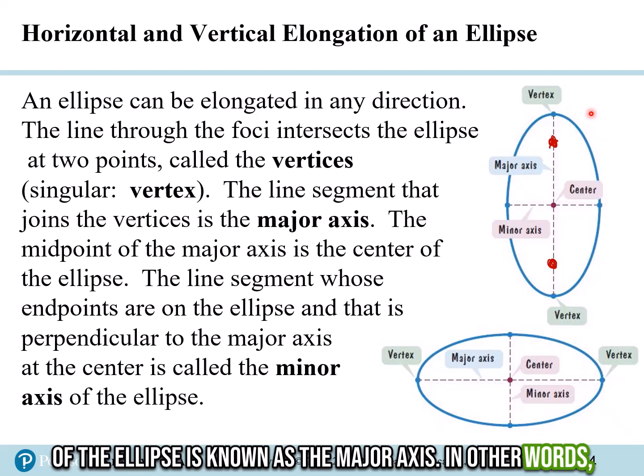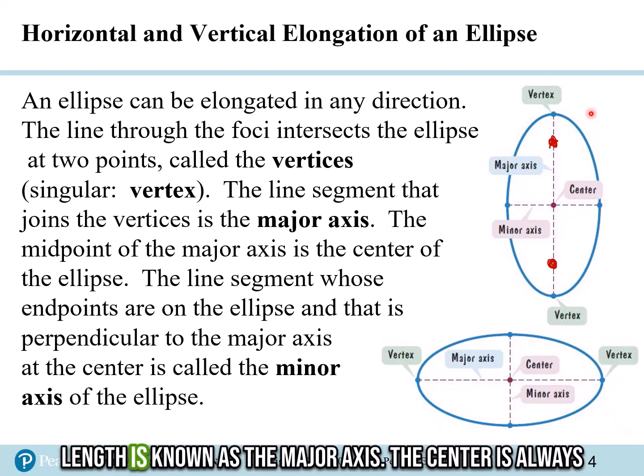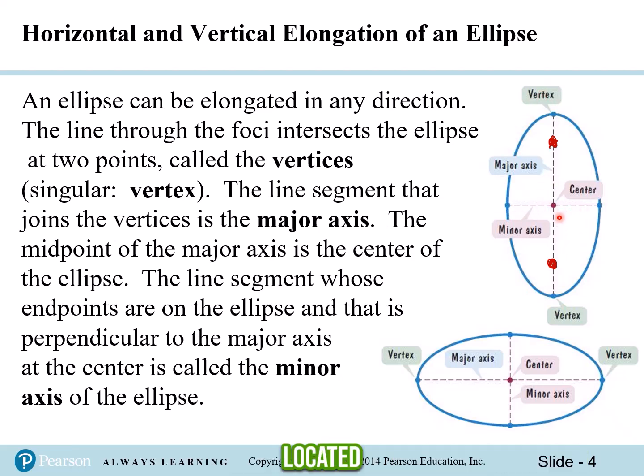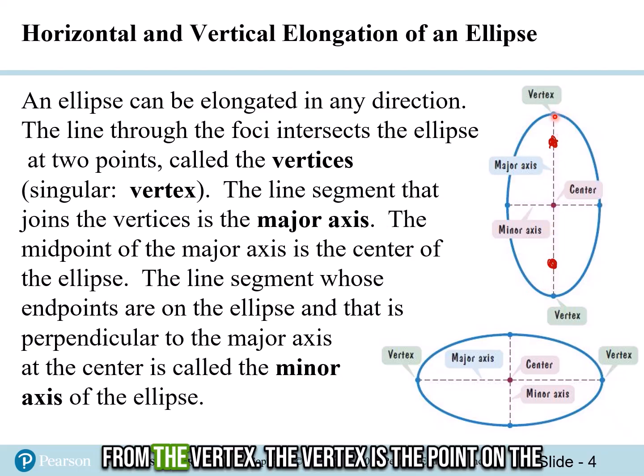In other words, the longer part, the longer length, is known as the major axis. The center is always located midway between the two foci, and each of these foci is equidistant from the vertex.